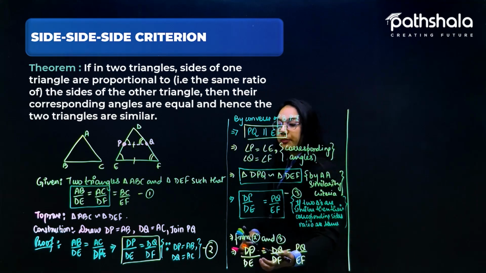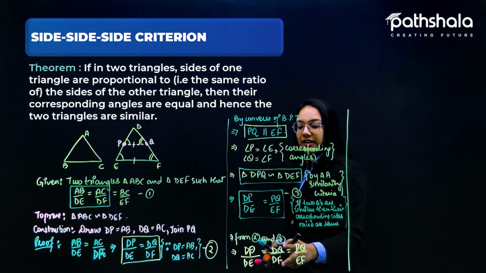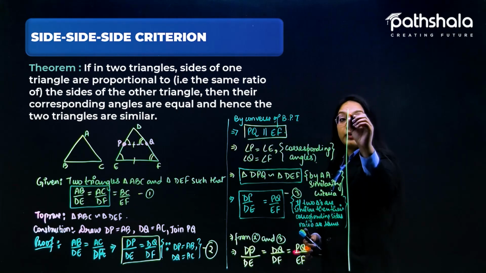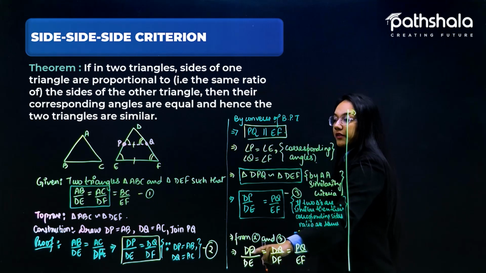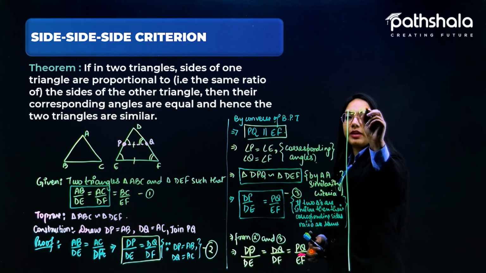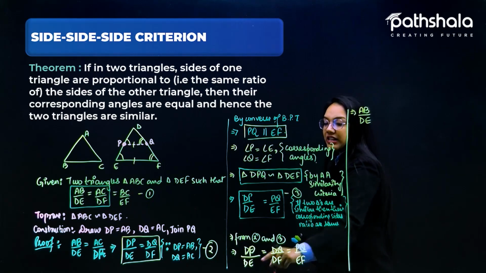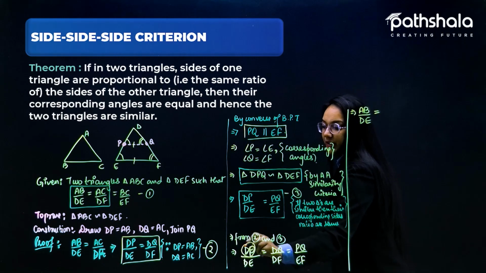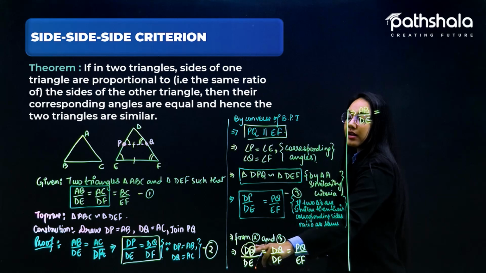Further, we can rewrite this statement. We can write DP as AB, because we know that DP and AB are equal to each other.